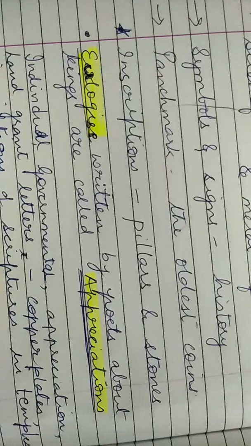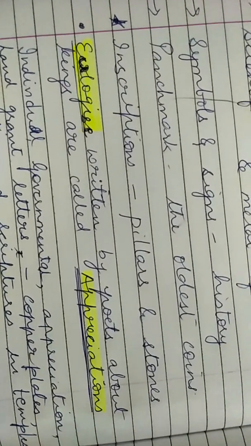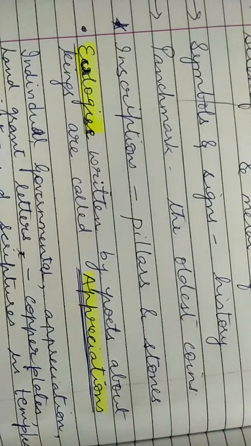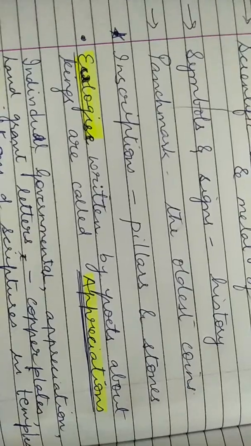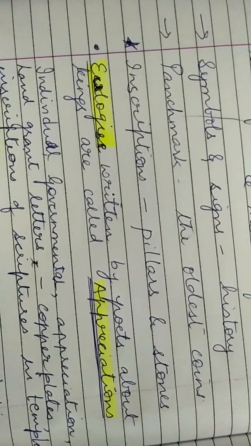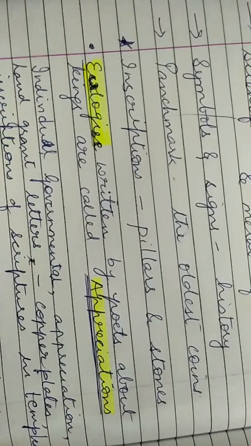These are different ways of writing. Brahmi script was written from left to right, and Kharoshti script was written from right to left.